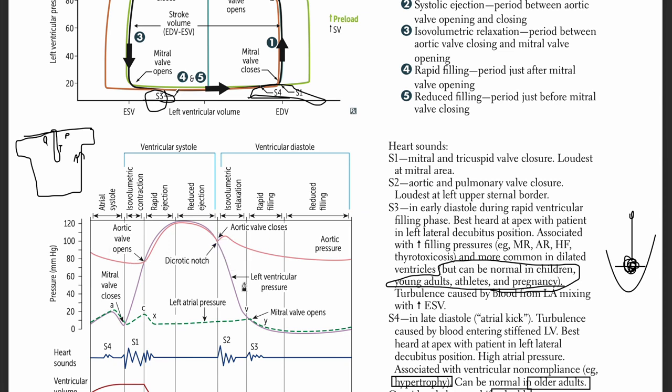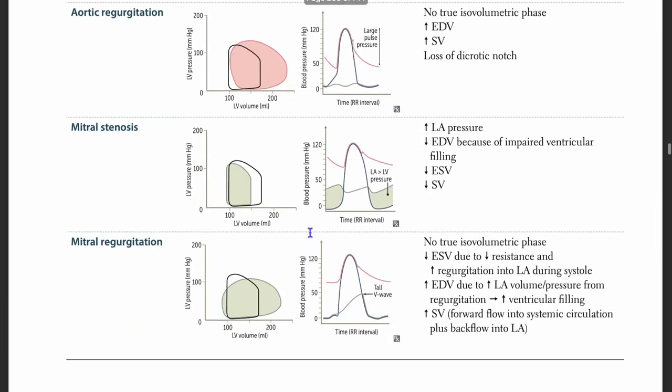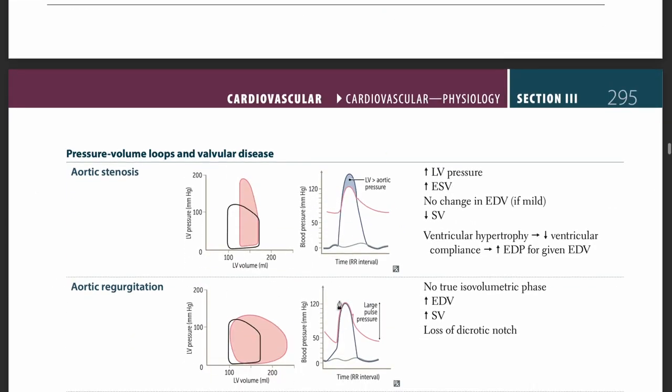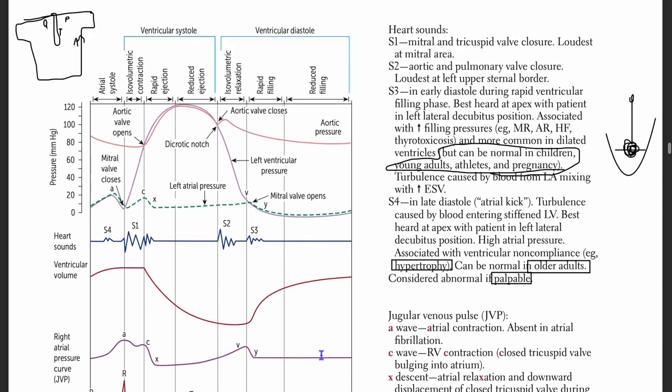because when we do it here, it might make more sense. Okay, so rapid ejection here. Okay, and then when the aortic valve closes, then what happens? There's relaxation of the ventricle, right? So that's called the isovolumetric relaxation, because the volume stays the same, it's just the pressure decreases.